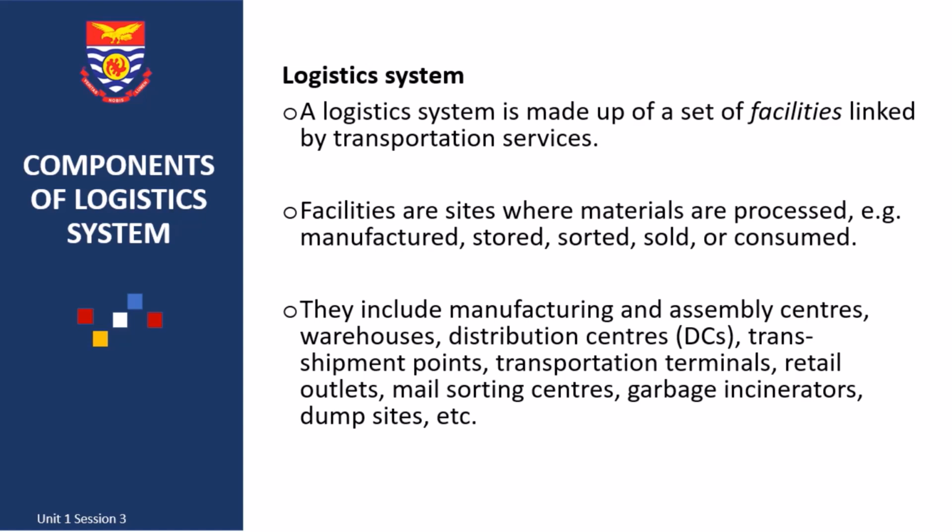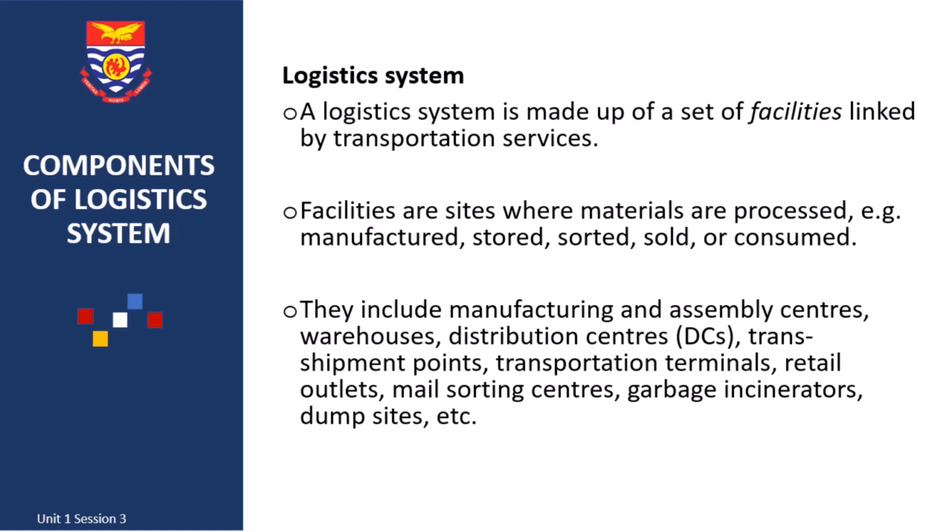And we all know that in a system, everything interacts to enable the final outcome to occur. So if there is not one element, it means the system cannot function without the other entities. So the facilities are places where materials are processed.